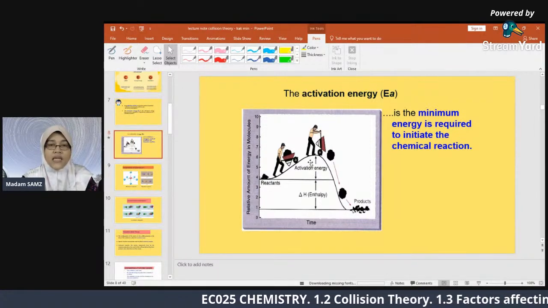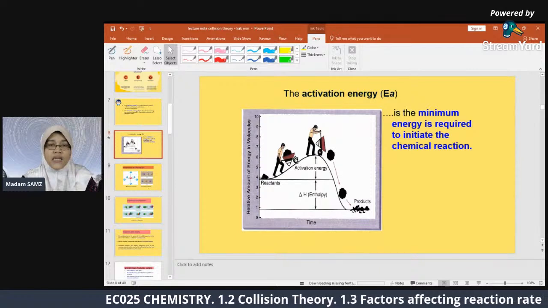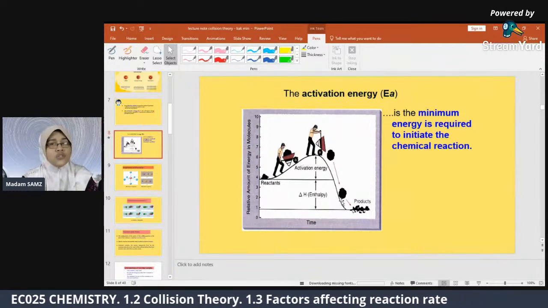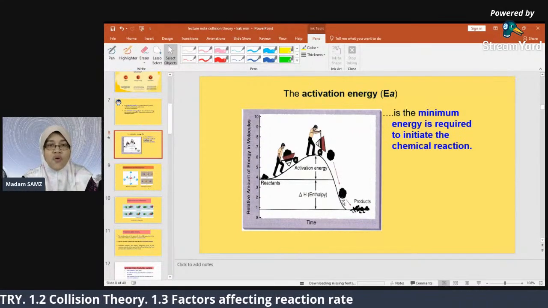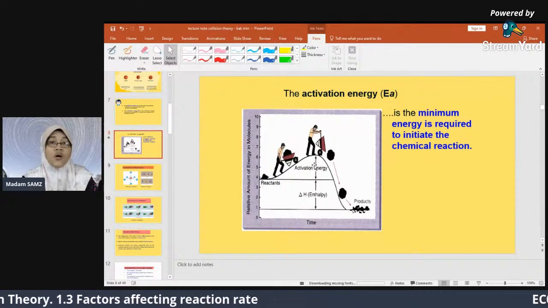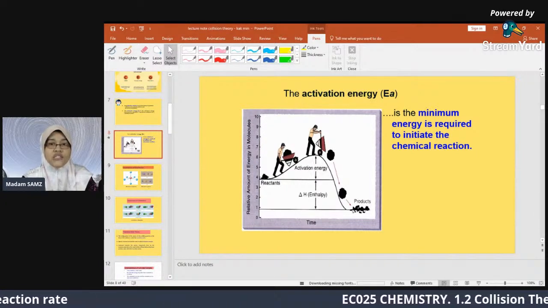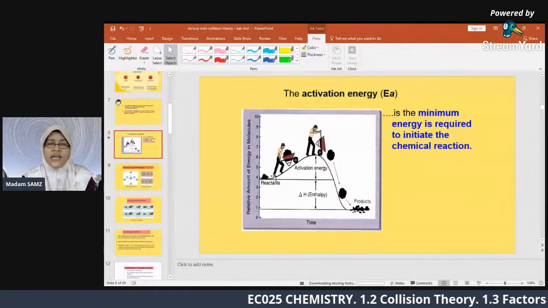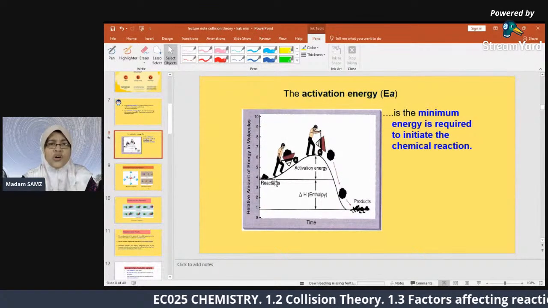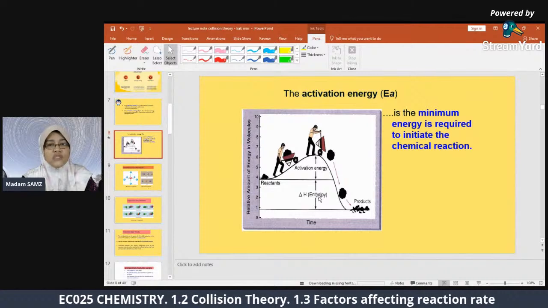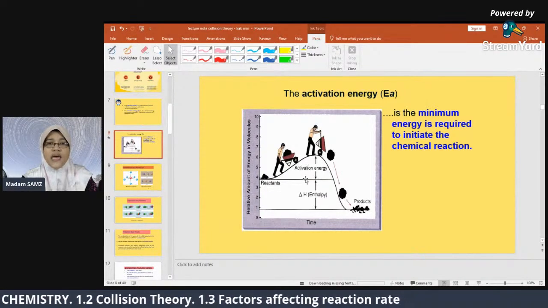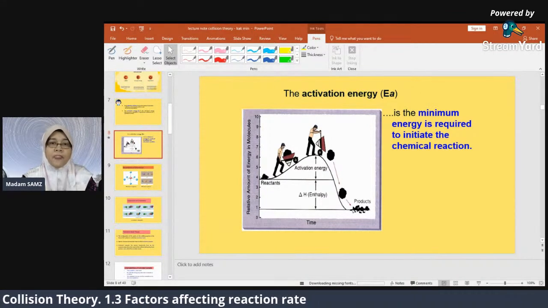But if this man doesn't have enough energy, the product will never be formed. So this is what we call activation energy. So not all reactants are converted to product if the activation energy is not achieved.